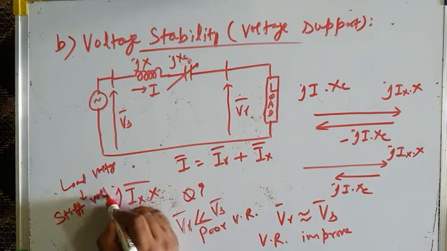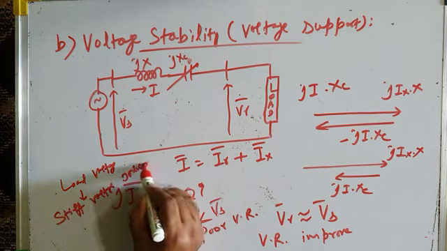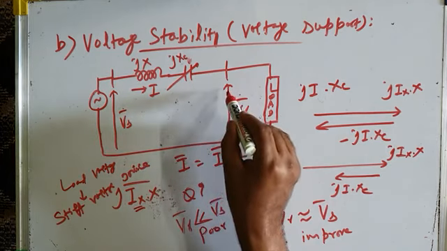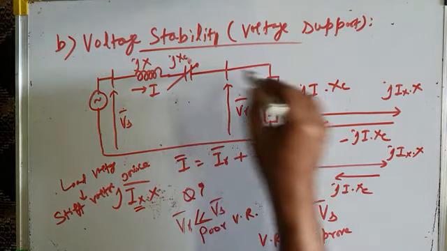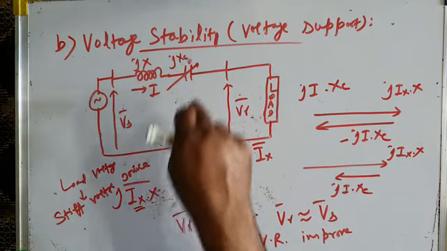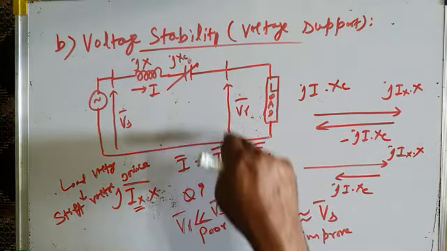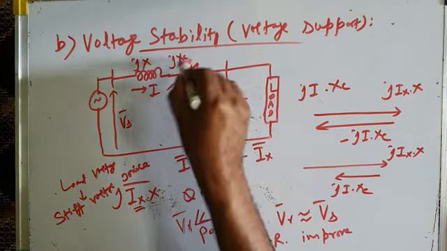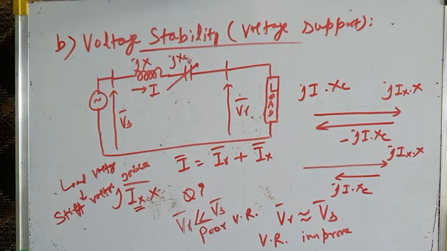A stiff voltage source means a voltage source which produces a voltage independent of the load current. Your load may draw larger and larger current. The load current or the transmission line current may vary, but this receiving end voltage will remain nearly constant because of the support provided by this capacitive voltage drop.